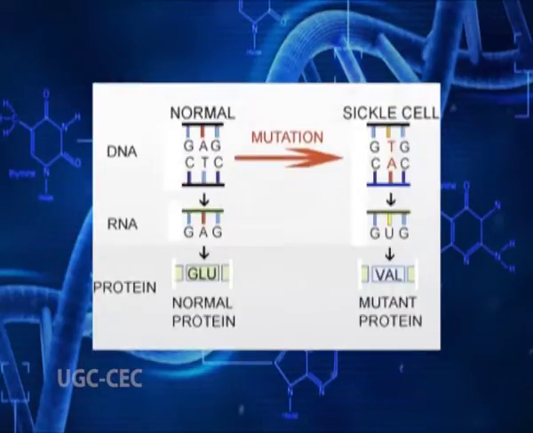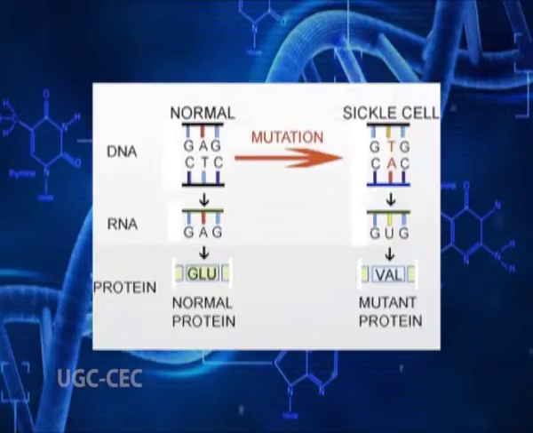The example of sickle cell hemoglobin illustrates this fact beautifully. The primary structures of normal adult and sickle cell hemoglobins are the same at all except one position.